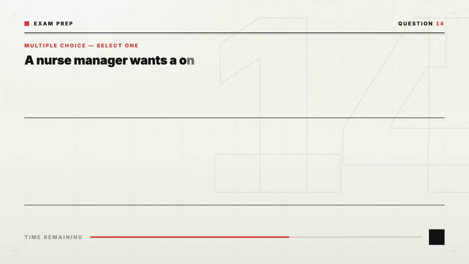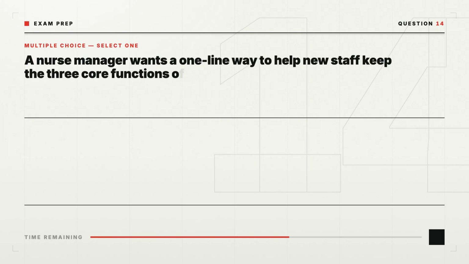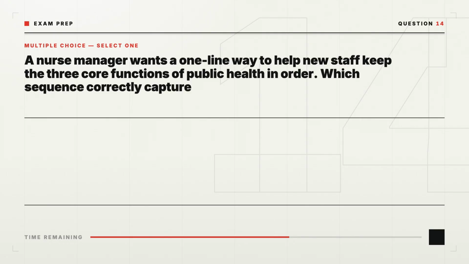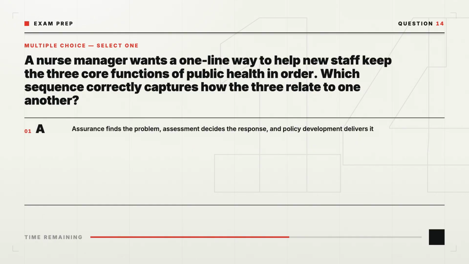Question 14. A nurse manager wants a one-line way to help new staff keep the 3 core functions of public health in order. Which sequence correctly captures how the 3 relate to one another? Your options are A. Assurance finds the problem, assessment decides the response, and policy development delivers it.